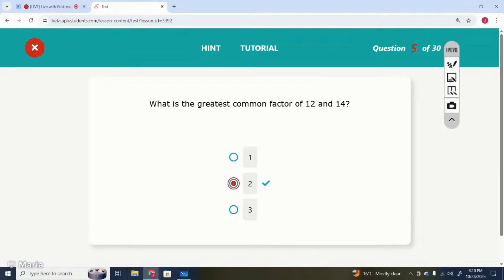That is 2. 2 is the only number that can divide both 12 and 14.